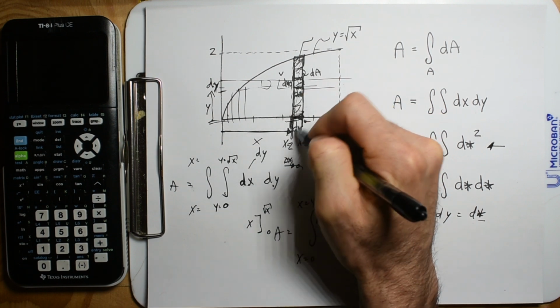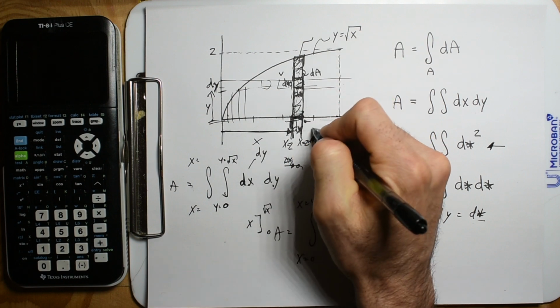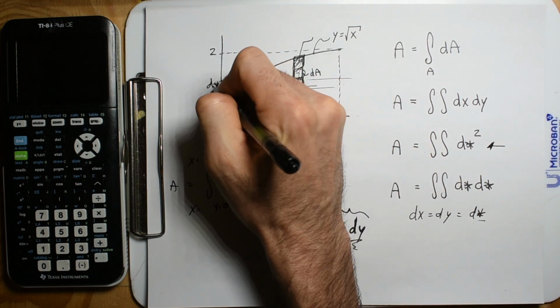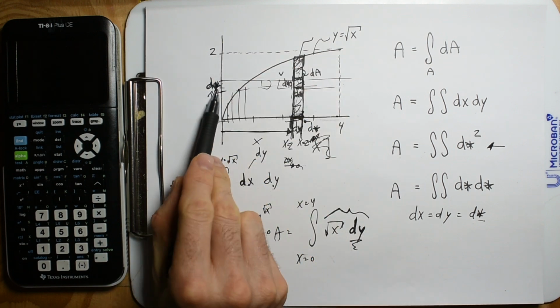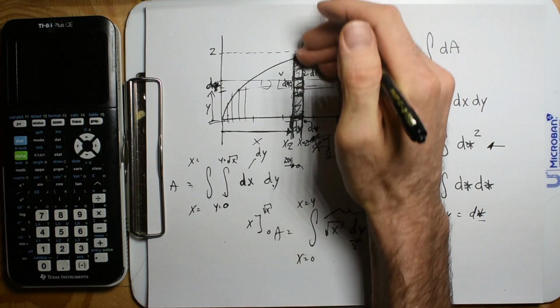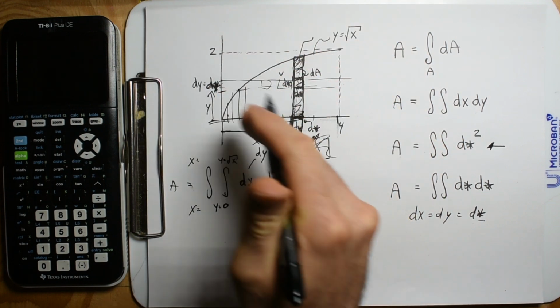I can't say I have the slice in this direction and then I'm moving it vertical. But that's the same thing as messing up and saying, well, hey, this slice is just d star. But you might just be confusing it with this slice up here, which is dy. And yes, you can take that little box and then move it vertically, but you're not using a dx, you're actually using a dy.